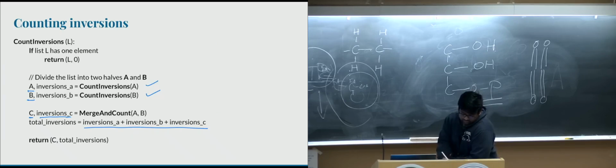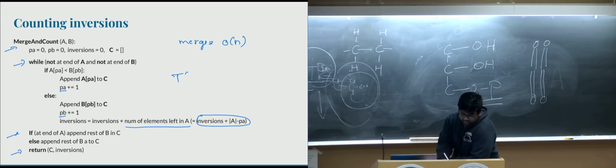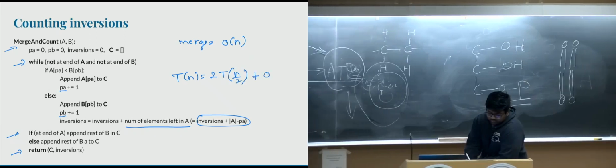So B would be equal to 2, and D will be 1. So the runtime would be T of n equals 2 T of n upon 2 plus big O of n raised to 1.